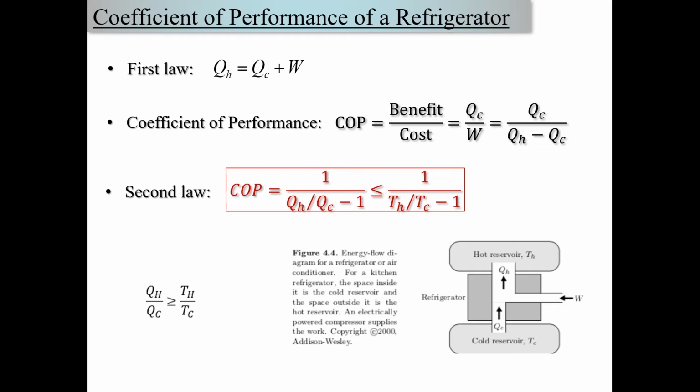So now we have QH over QC is greater than or equal to TH over TC, indicating that the amount of entropy entering the hot reservoir must be at least as much as the entropy that was removed from the cold reservoir. Using this inequality, we can replace QH over QC with TH over TC in our coefficient of performance equation and replace the equals sign with a less than or equals to.